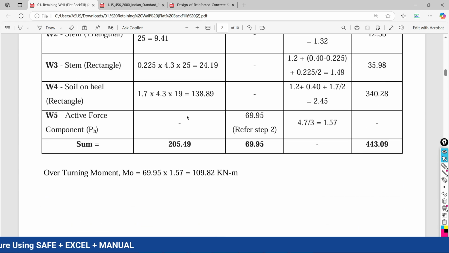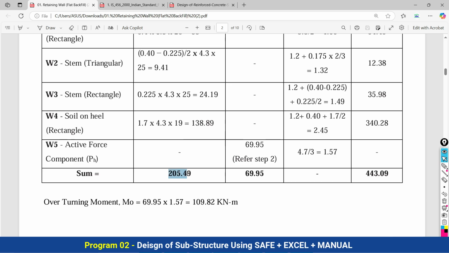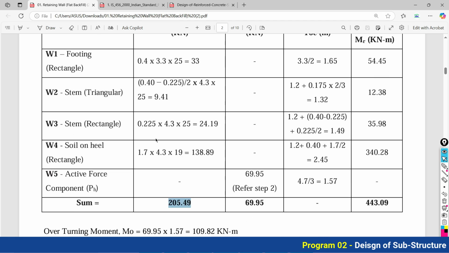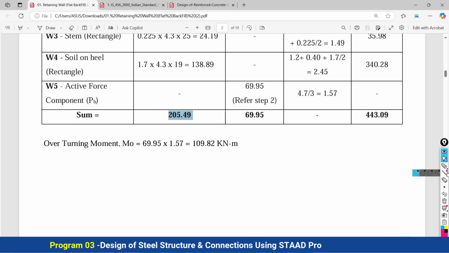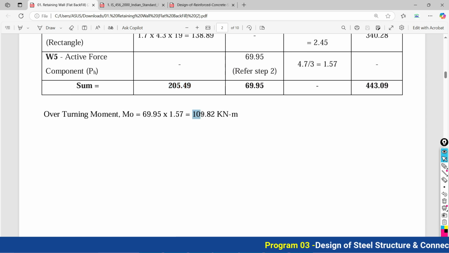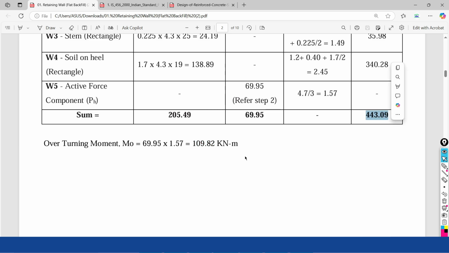We know very well, as we have calculated, the total load in the gravitational direction as 205.49 kilonewton, including the self weight of the retaining wall components as well as the self weight of the soil on the hill in the gravitational direction. That combination comes out to be 205.49 kilonewton. This is the load. Thereafter we have to know the moment due to lateral load, which we already calculated as 109.83, and the restoring moment, that is 443.09.